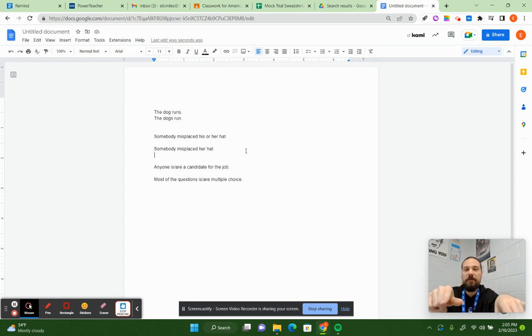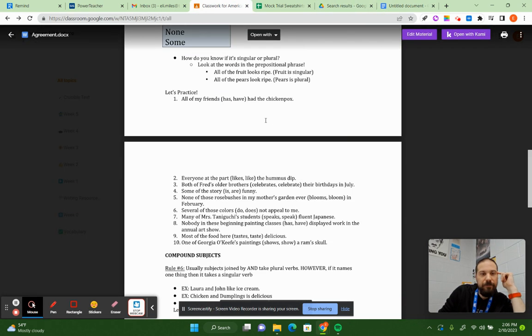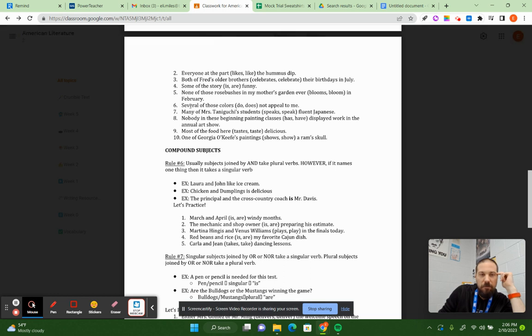So those six go either way depending on what follows after them. Those are the six you have to absolutely know, because they will mess you up if you only look at the pronoun, because the pronoun might imply that it's always going to be plural. Not always. You have to look at what comes after it. So that's one thing to definitely make note of. For example, several of those colors. I don't have to worry about colors, because several already tells me it's going to be plural.